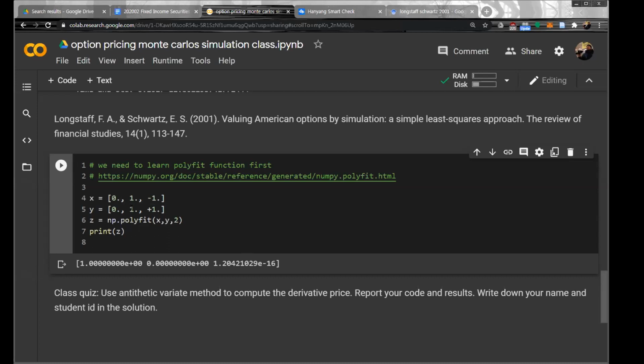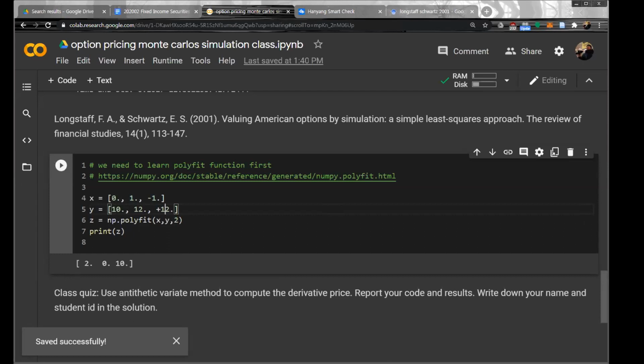If we change it into 2, then it is Y equals 2X squared. Exactly. If we add 10 over here, then Y equals 2X squared plus 10. Of course, we can make it plus 2.